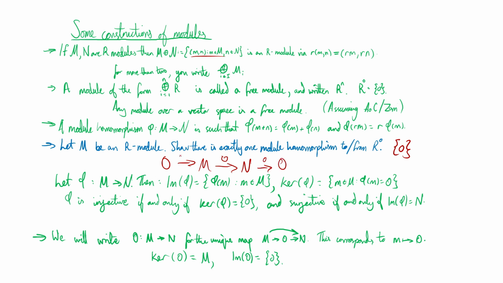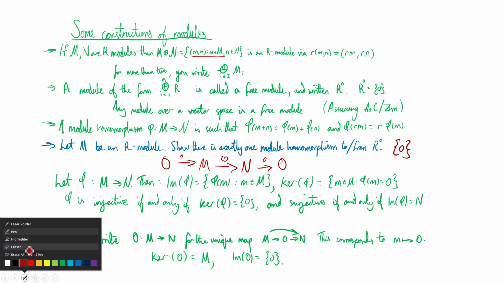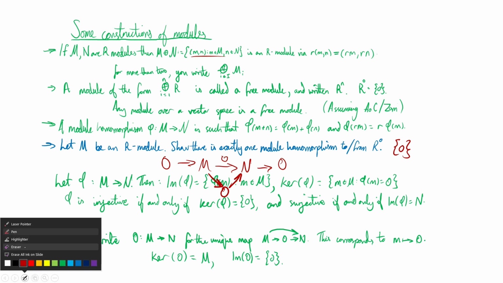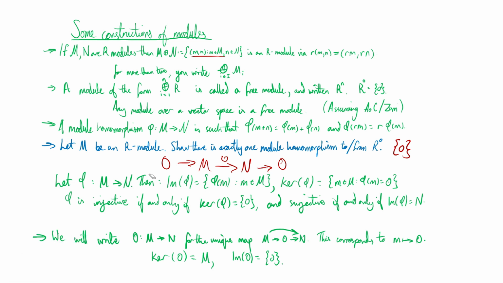These are all zeros, but it doesn't really matter because it should be obvious that 0 here is just the map which goes like this, like this arrow is the same as this, then this. That should be very clear from context.